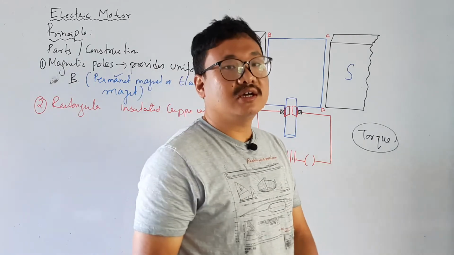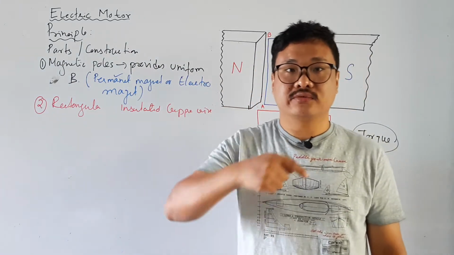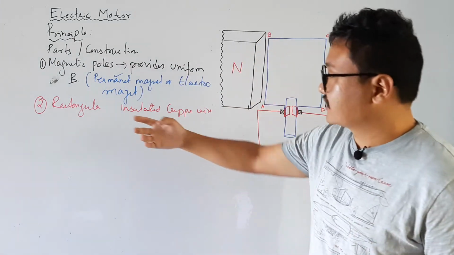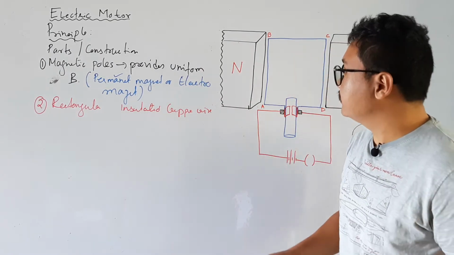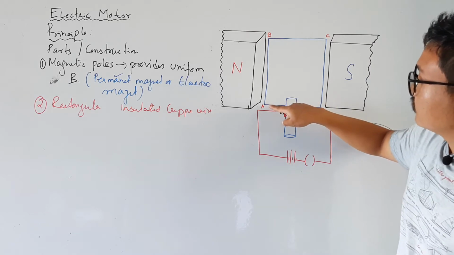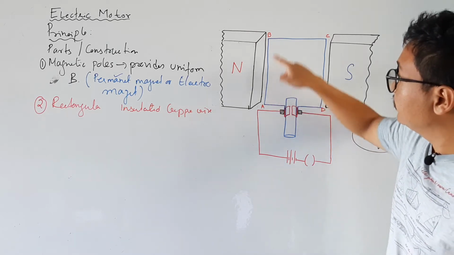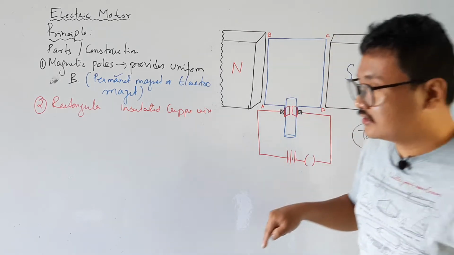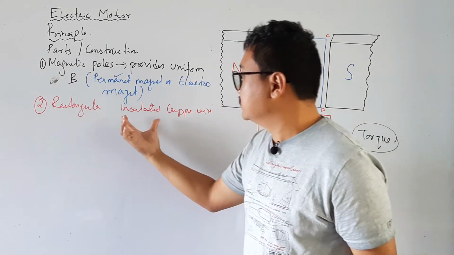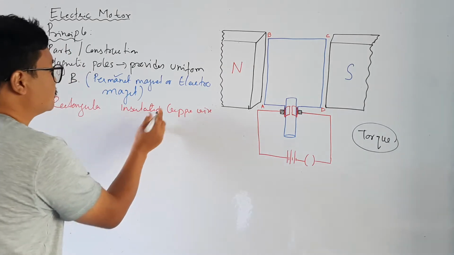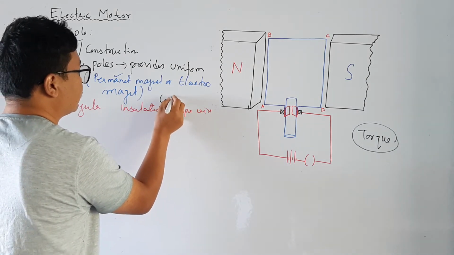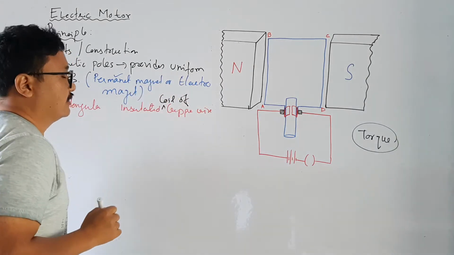Let me write it. So you use a coil which is in the form of a rectangle, or rectangular insulated copper wire. If you see here, what is the copper wire here? It is A, B, C, D. So here I will write rectangular insulated copper wire, or we can write rectangular insulated coil of copper wire, okay.